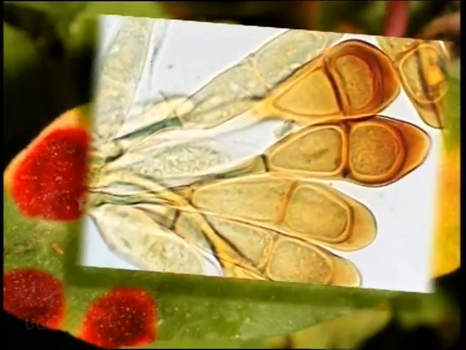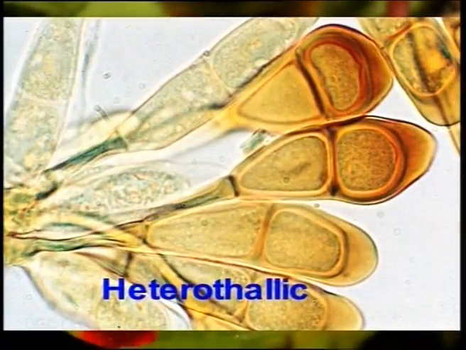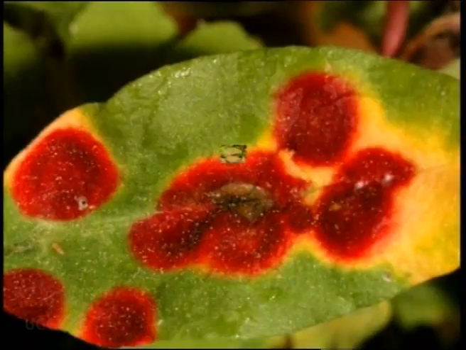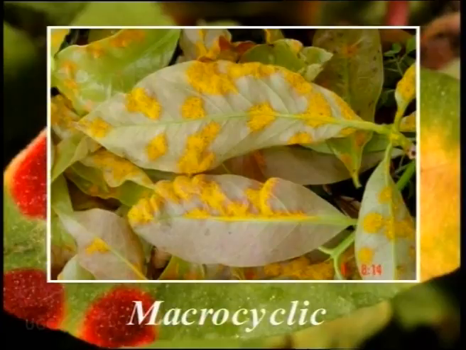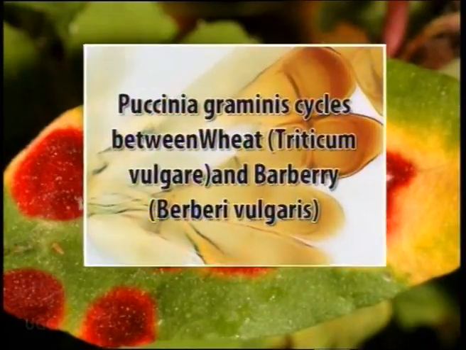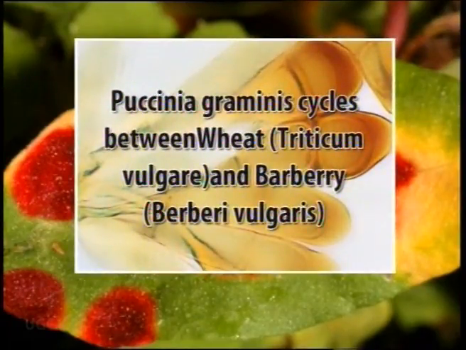Puccinia graminis is heterothallic, macrocyclic, that is, it produces all the 5 reproductive stages during its life cycle, and it is heteroecious, that is, it requires 2 taxonomically different hosts to complete its life cycle. It cycles between wheat, Triticum vulgare, and barberry, Berberis vulgaris.